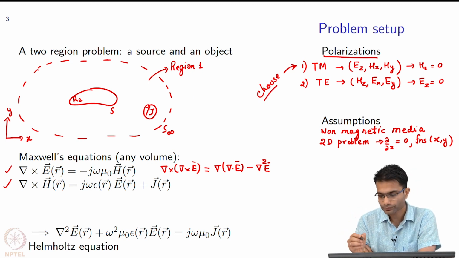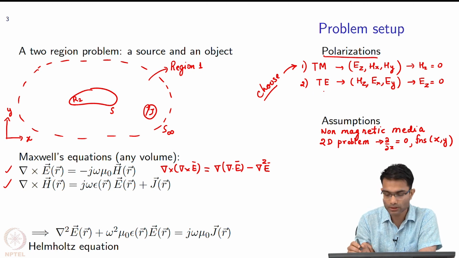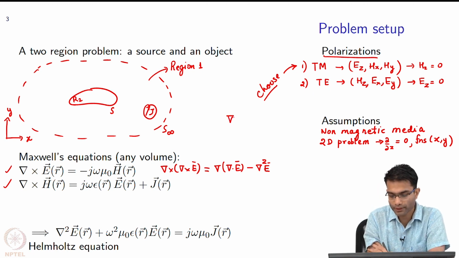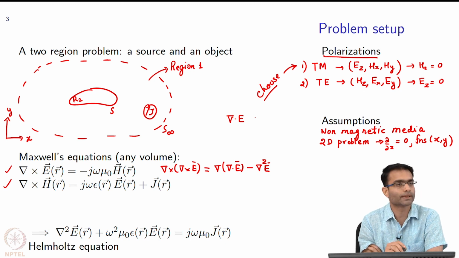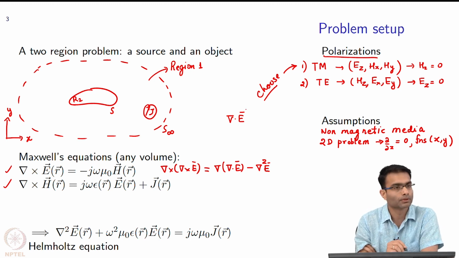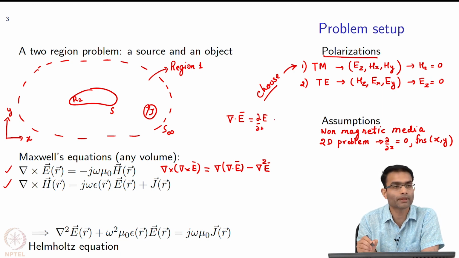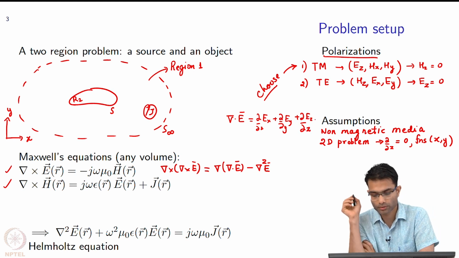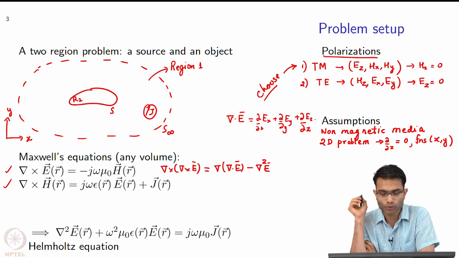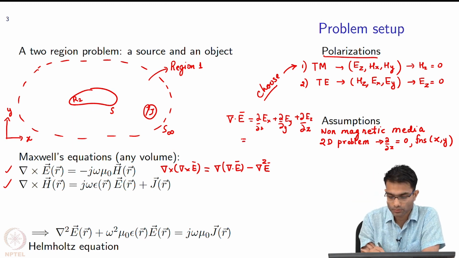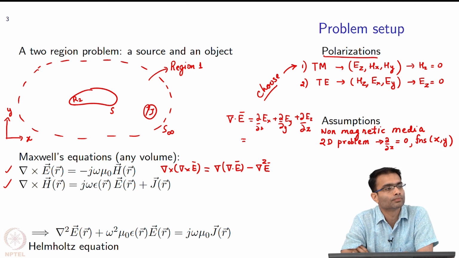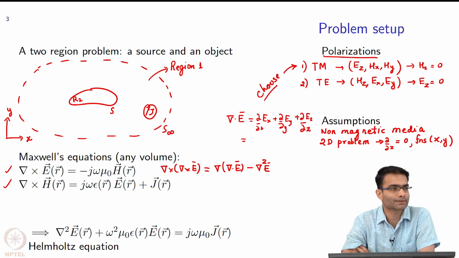Now, as a result of this, if I choose the TM polarization, what do you think will happen to del dot E, the divergence of the electric field? Let us just use the formula. The first term will be the derivative of Ex, then Ey. For TM polarization, what happens to the first term? 0, there is no Ex.